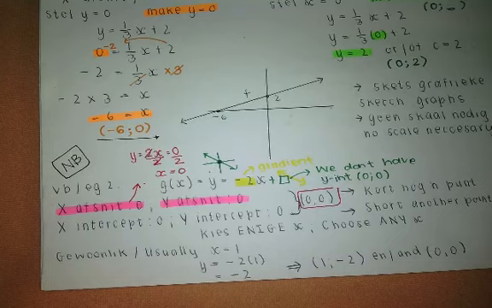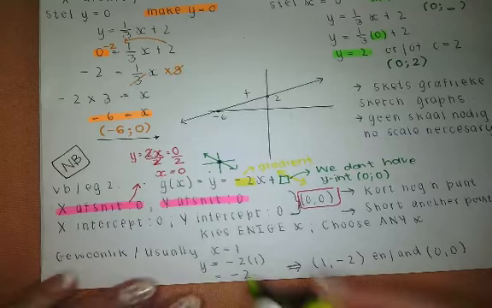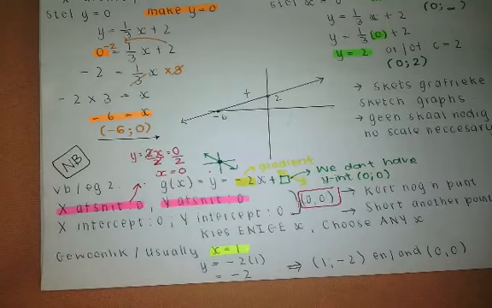Problem, we still need at least one other coordinate. Instead of substituting x equals 0, because that's going to give a y-intercept, we're just going to substitute x equals 1, so we can have one other coordinate. You can substitute negative 1 if you want, or 2, or negative 2, or 3, or negative 3. It's just easiest to use 1.